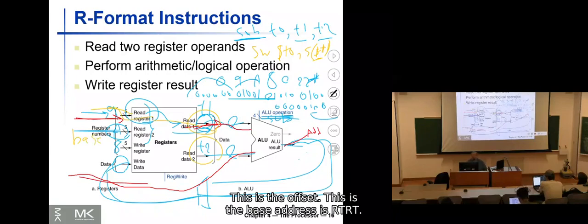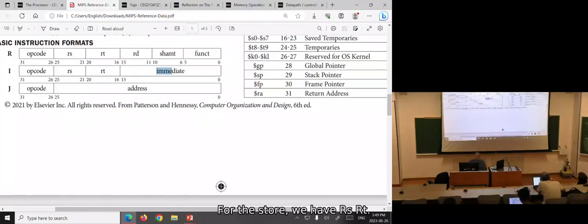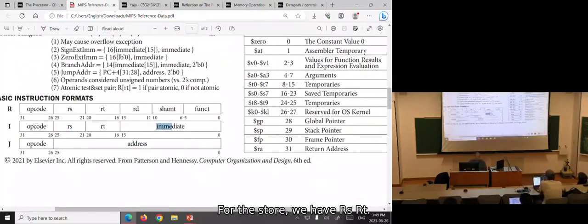What is RT? For the store, we have RS, RT. RT is the base address, the base. Immediate will be added to that. And then we load RS. The difference between a store and load is this.